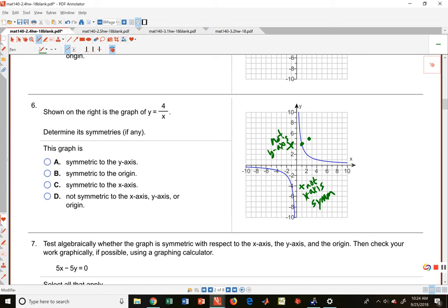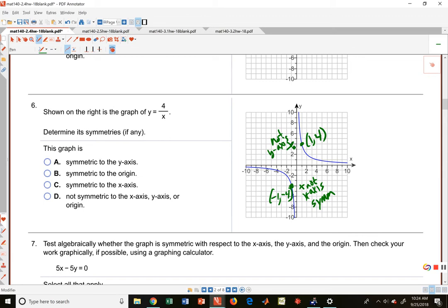Now, what do we mean by origin symmetric? Let me show you this point here. So this is 1, 4. Origin symmetric means you negate both the x and the y coordinate, and you end up at a point on the graph, -1, -4. If both of them are negated, then you end up at a point on the graph.